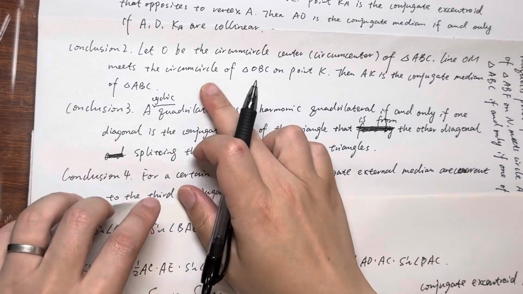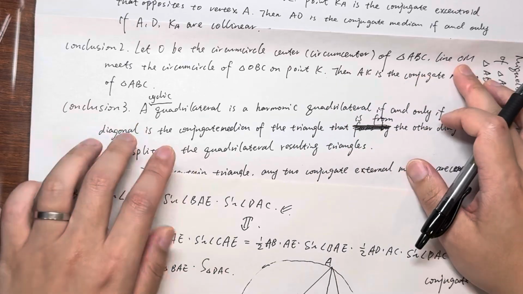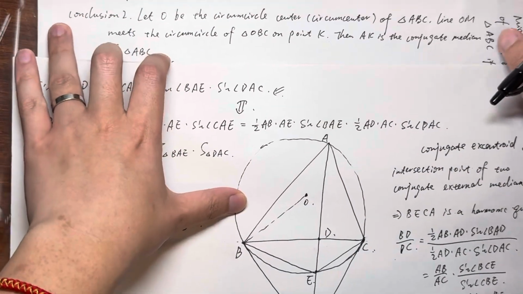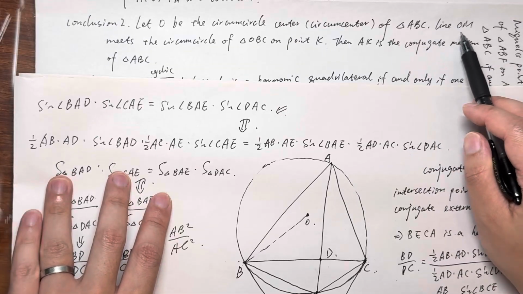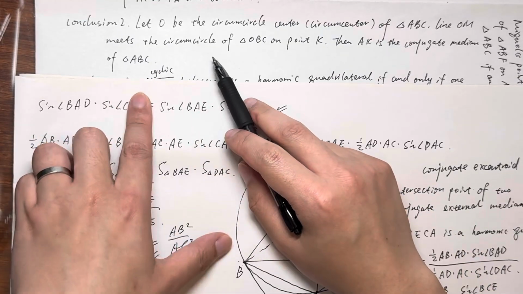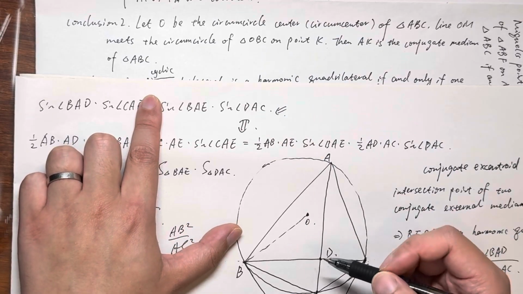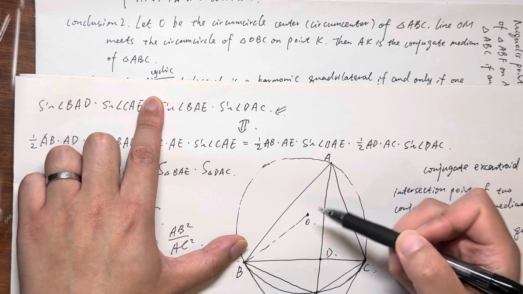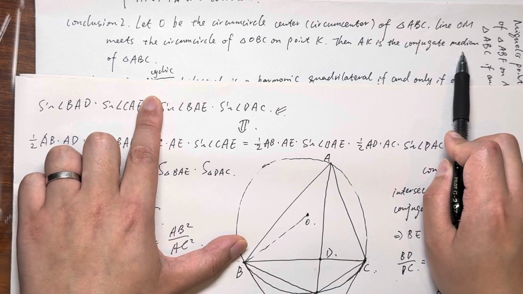Okay, for conclusion 2, let O be the circumcenter of the triangle ABC. Line OM meets the circle of the triangle OBC at point K. The AK is a conjugate median.